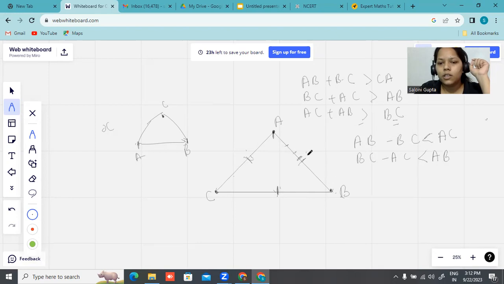Then AC minus AB will be less than the third side, and that is BC. So this we have discussed.